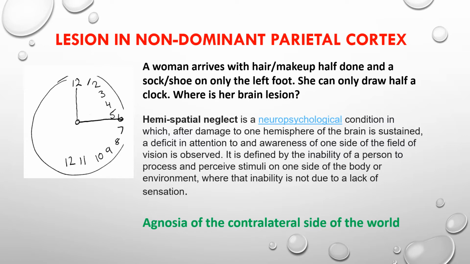And even in the picture we can see that she is drawing a clock that is only half a side. So this condition demonstrates hemispatial neglect, and this is seen in the case of lesion in non-dominant parietal cortex, and it usually results in agnosia of the contralateral side of the world. Agnosia is the word which describes the patient's inability to recognize and identify objects or persons.